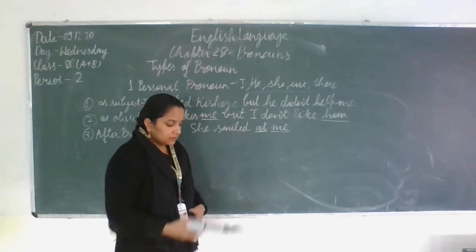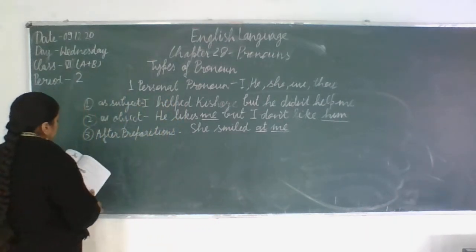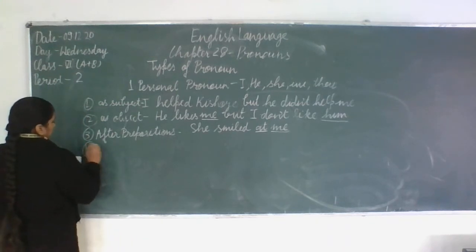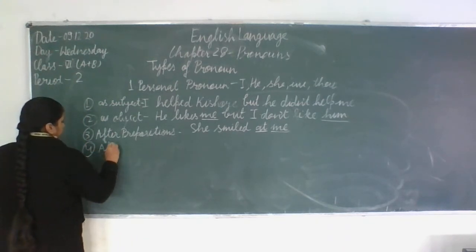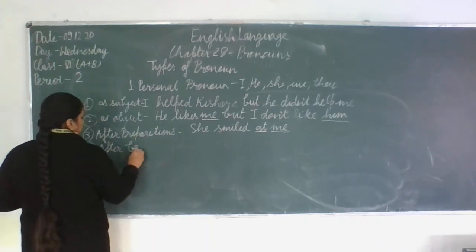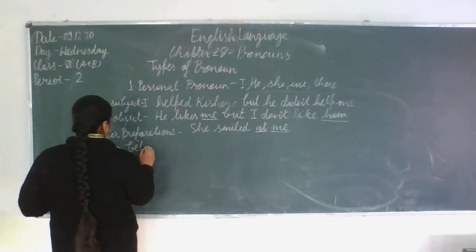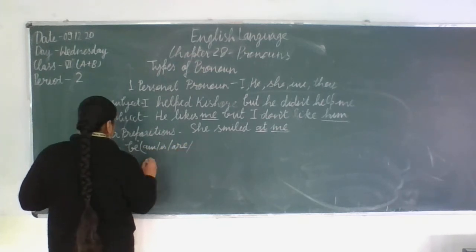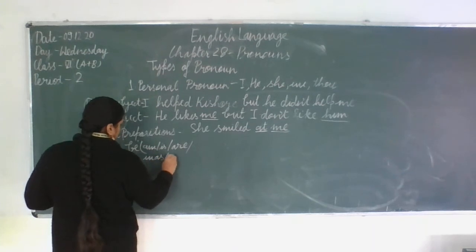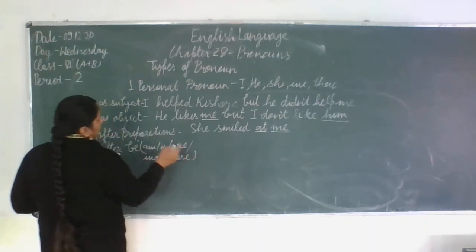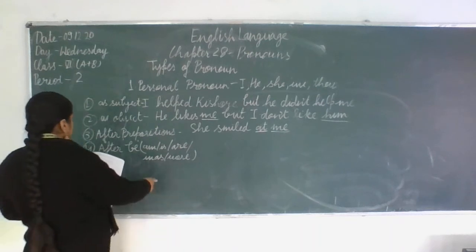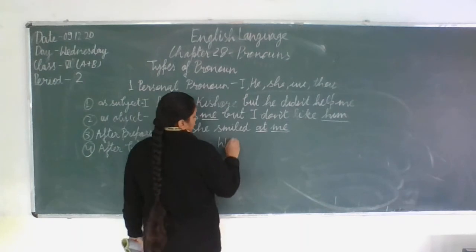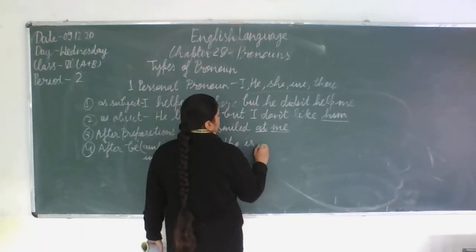The next place where we can use an object pronoun is after be. Be means am, is, are, was, were. We can also use the object pronouns after all these words. For example, if someone is asking, who is that?